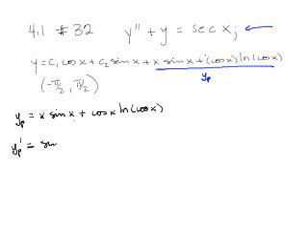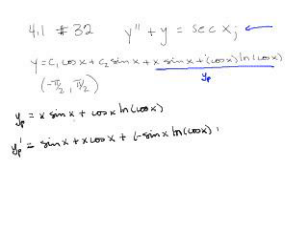Here I get sine x plus x cosine x, and then plus minus sine x times the ln of cosine x plus cosine x times 1 over cosine x times the derivative of cosine, which is minus sine x.